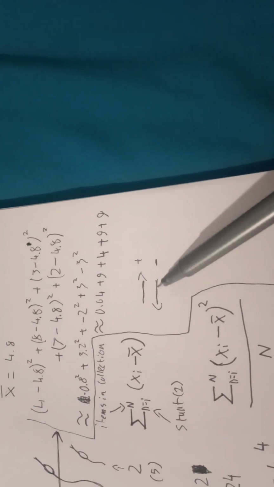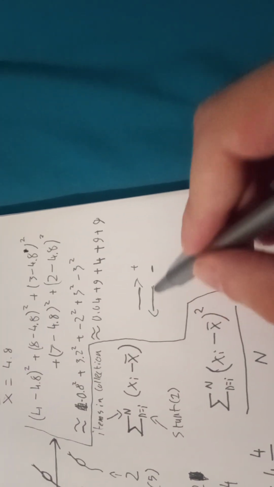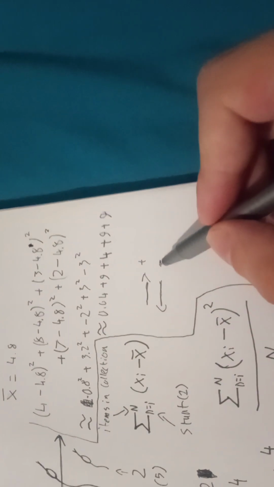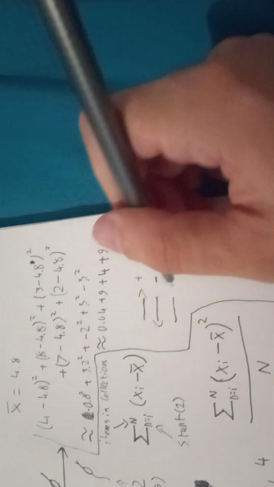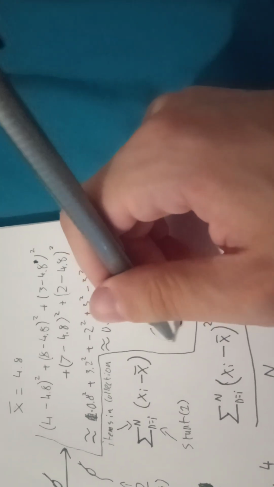If you think of this one as a change of direction, if you change direction twice, we're going this way in the beginning, then we change direction once, and then we change direction twice, we end up going in the same direction, right? So this is what squaring is.